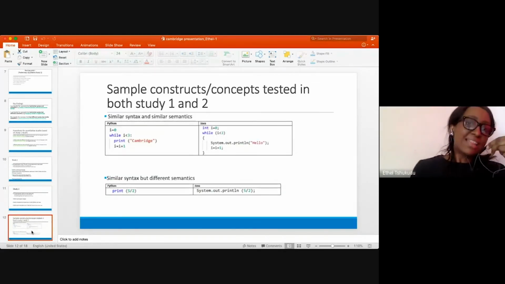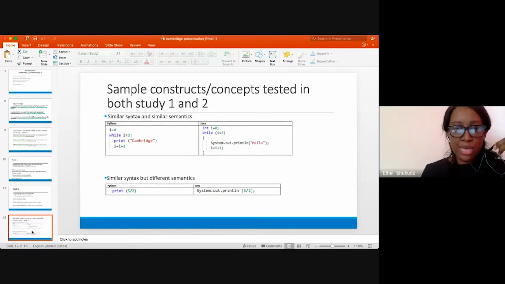These are examples of exercises the students were given. When I talk of similar syntax and similar semantics, I mean a while loop. You can see the keywords there, the similarity. There is similarity in the print, and the i variable, although it could be a different variable name.